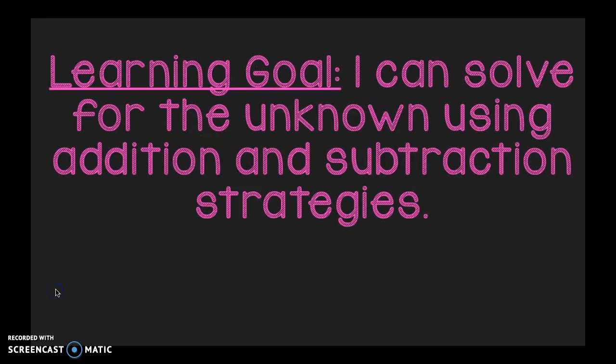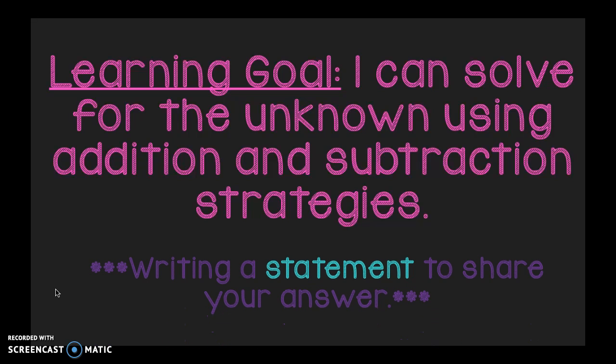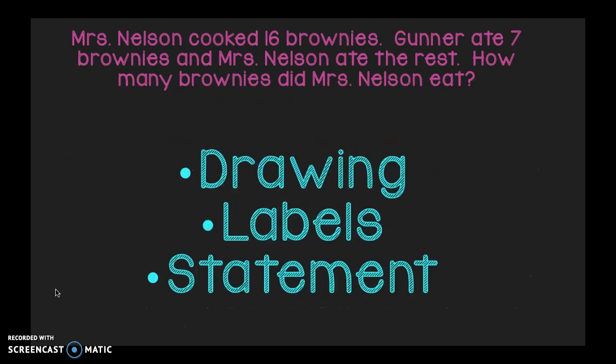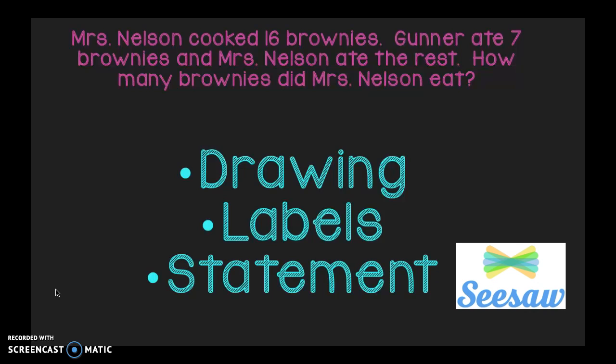Find a new spot in your math journal because it's now time to think about our learning goal. We said our goal was I can solve for the unknown using addition and subtraction strategies. And we're totally going to start writing a good statement to share our answer. So this is what I want you to do. This problem is going to be the one where you're going to seesaw to your teacher. I'm going to read it to you.